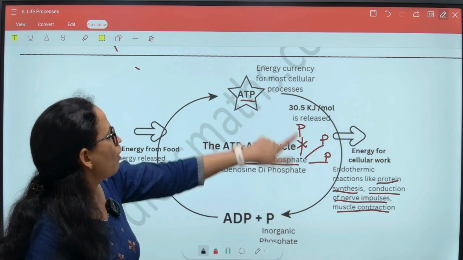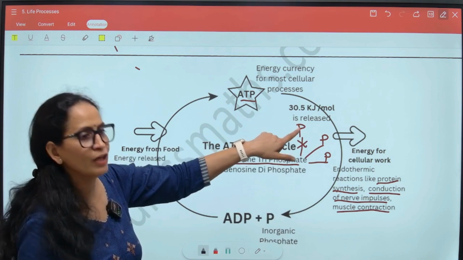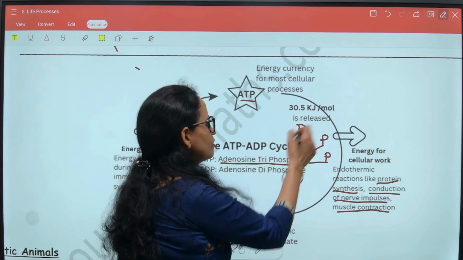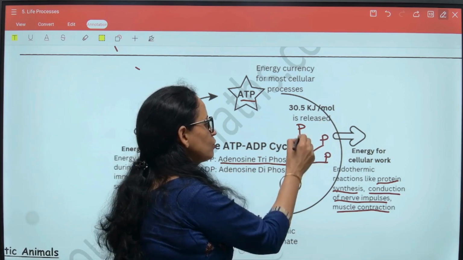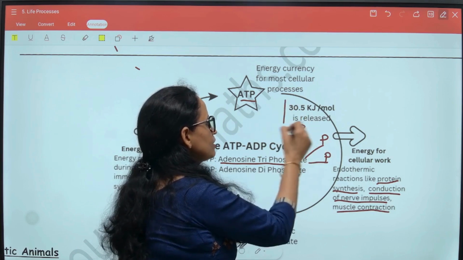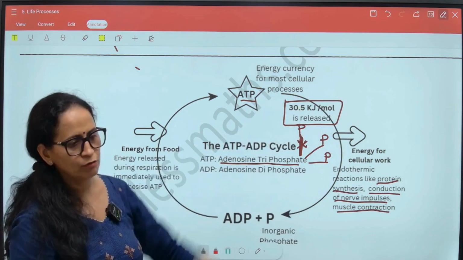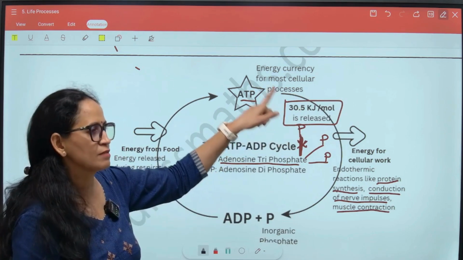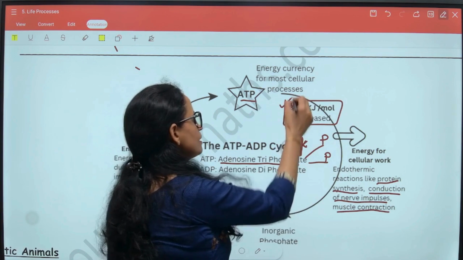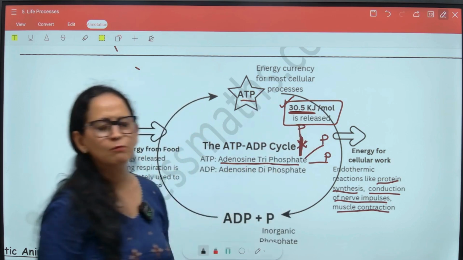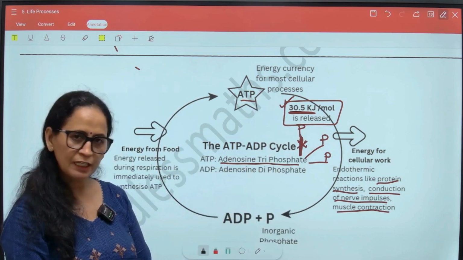So the bond that is attaching this 3rd phosphate to the adenosine molecule is broken, this is separated out, and the energy stored in this 3rd bond is released. One molecule of ATP releases 30.5 kilojoules. This is very important, it is given in your NCERT. Do remember, 30.5 kilojoules of energy is released by breakdown of one molecule of ATP, right?